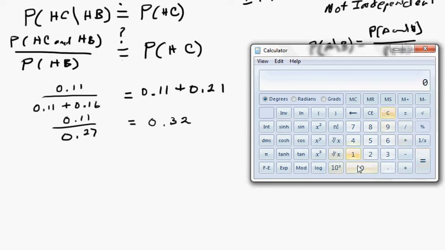I don't trust that number. 0.11 divided by 0.27. Oh, I guess it's right. So we get 0.407, so let's just say 0.41.